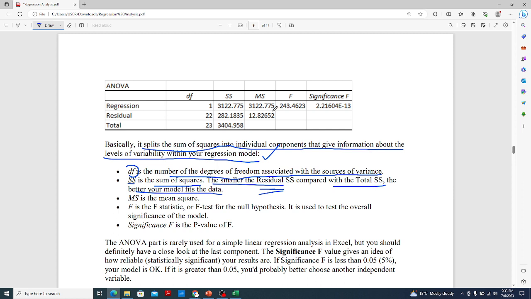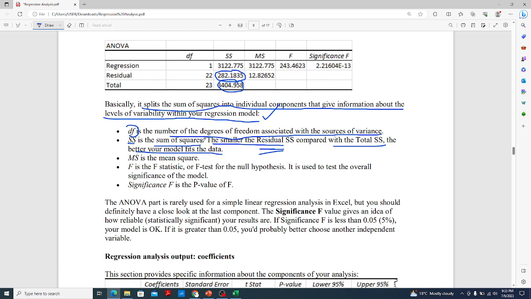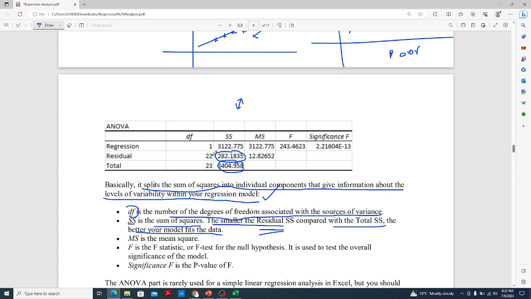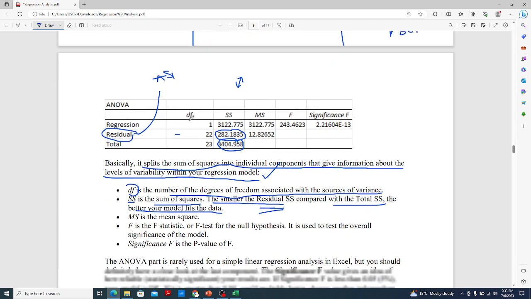That is, the smaller this value compared to this value, it means the error term is very small, so the better your model is. This works hand in hand with the average distance, that is the standard error.